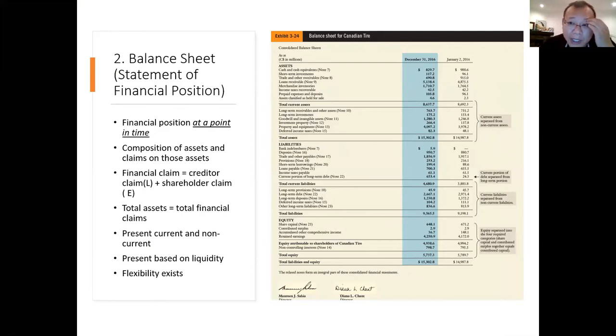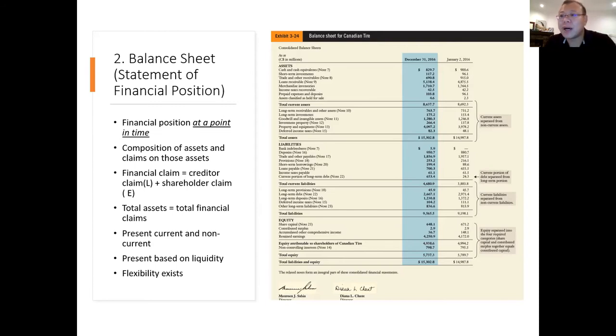For the liabilities, you also have a total current liability, which is separate from the long-term liabilities. The typical current liabilities will include bank indebtedness, payables, short-term borrowings, and income tax payables.